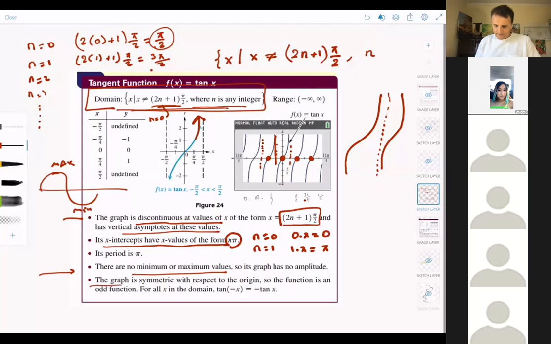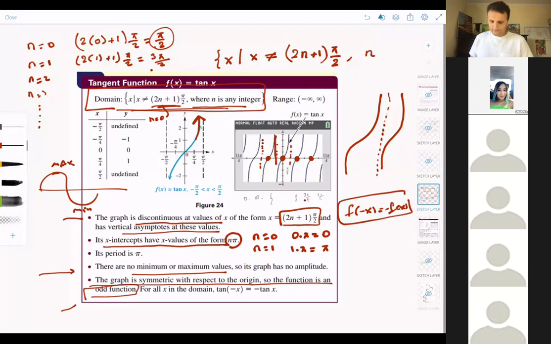The graph is symmetric with respect to the origin, so the function is an odd function. The definition of odd was f of negative x equals negative f of x. This is odd. Also, algebraically, we can see that tangent of negative x equals negative tangent of x.